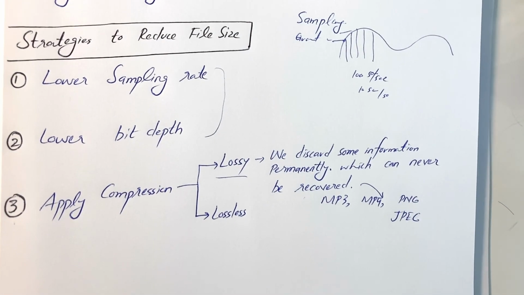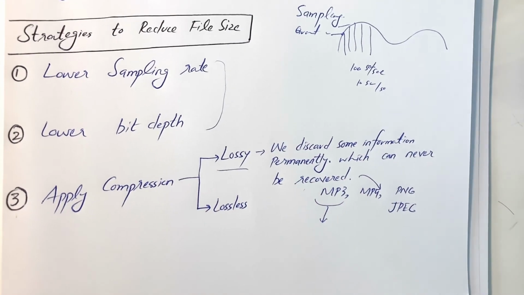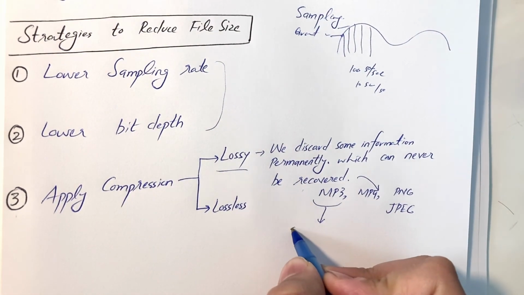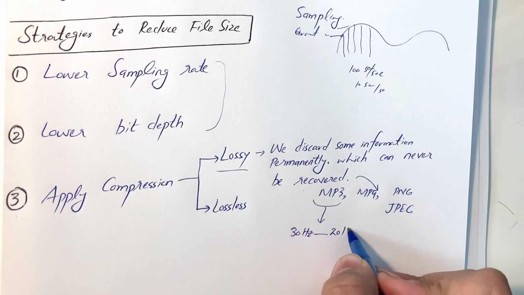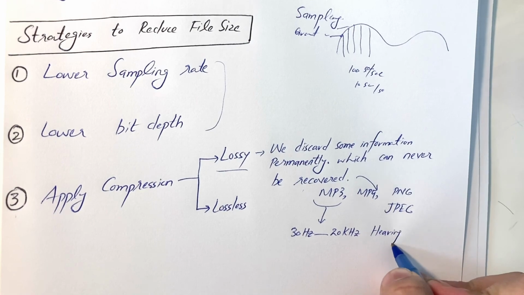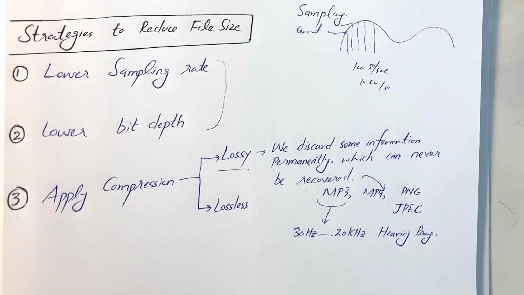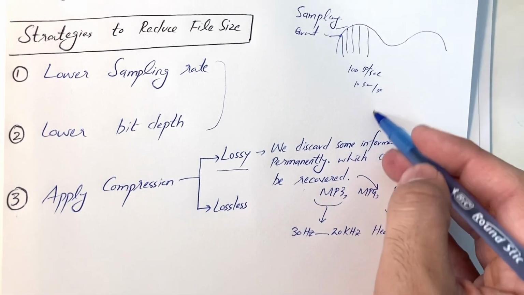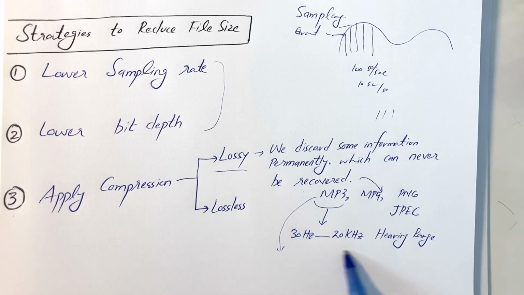But the best thing about most lossy compression, especially MP3, is this: humans can hear frequencies from 30 hertz all the way to 20 kilohertz. That is the human hearing range. So if MP3 wants to discard some of the information, some of the samples, it tries to discard those which don't fall in this range.